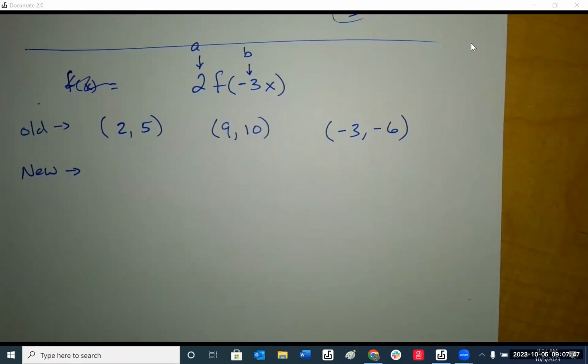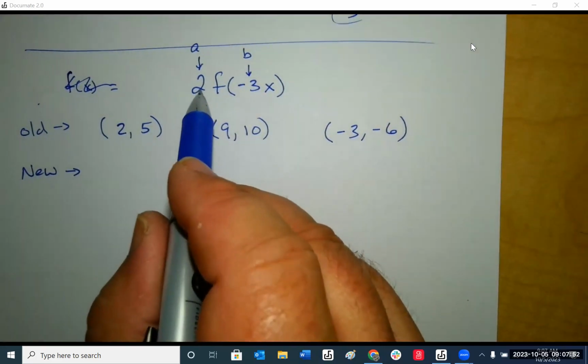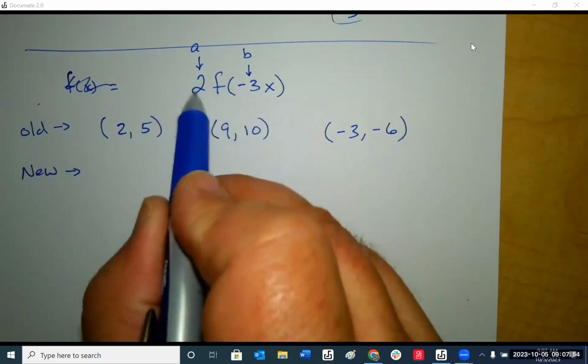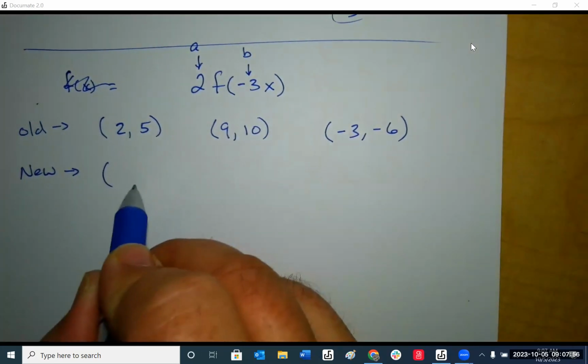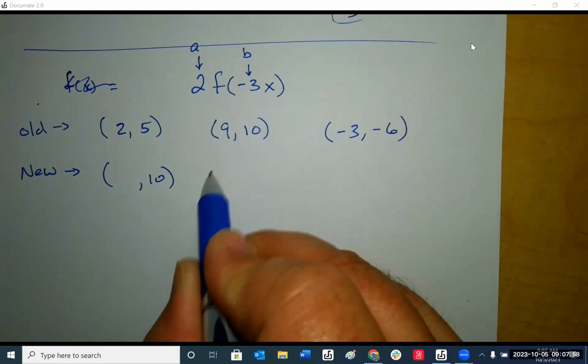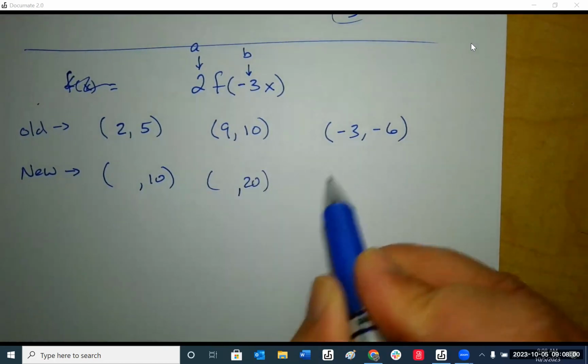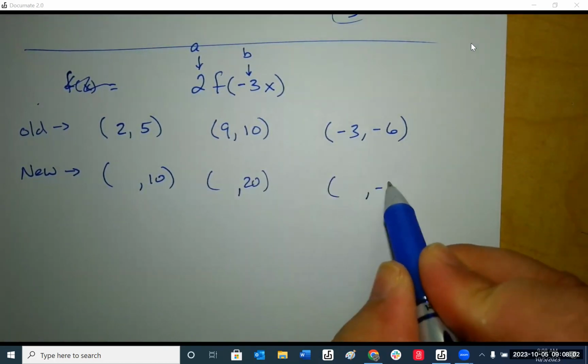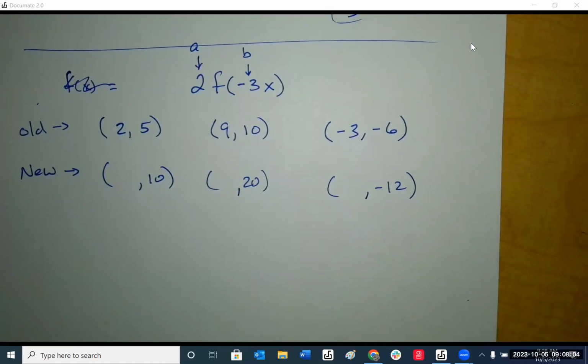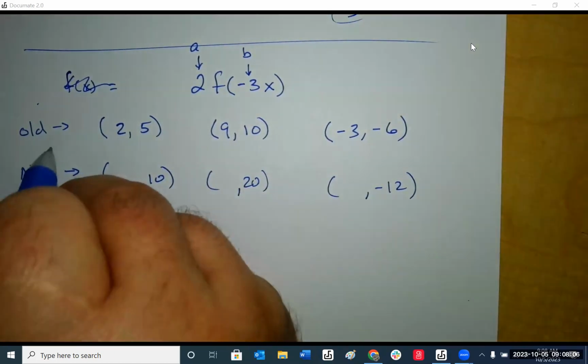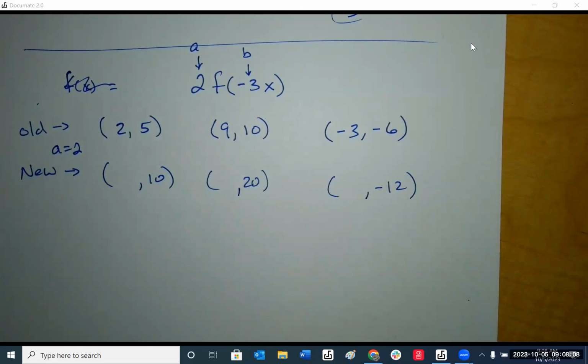Right, because it's outside, so it's vertical. It deals with the y values. So whatever I have for the y values, I multiply by 2. Because A equals 2, I multiply all the y values by 2.